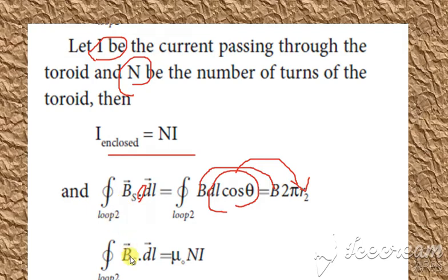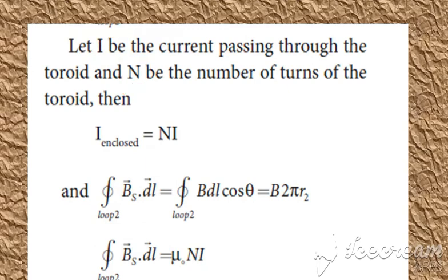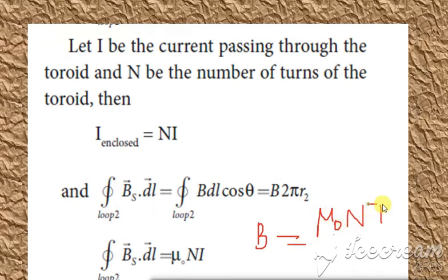B into 2 pi R2 is equal to mu naught N I, because instead of I enclosed we are writing N into I. Now equate both, so that we get the equation for B. B is equal to mu naught N I divided by 2 pi R2.